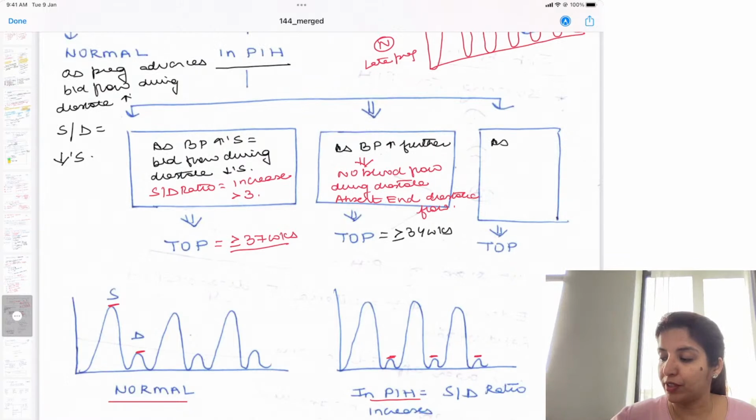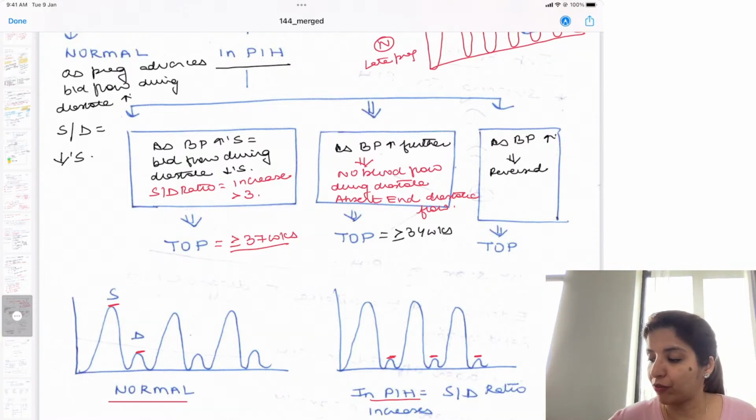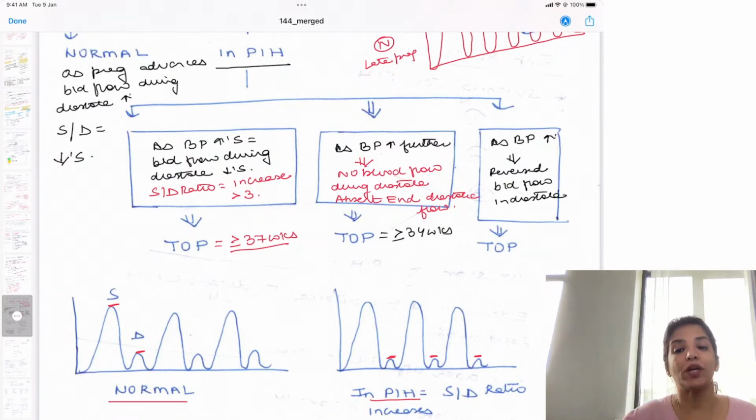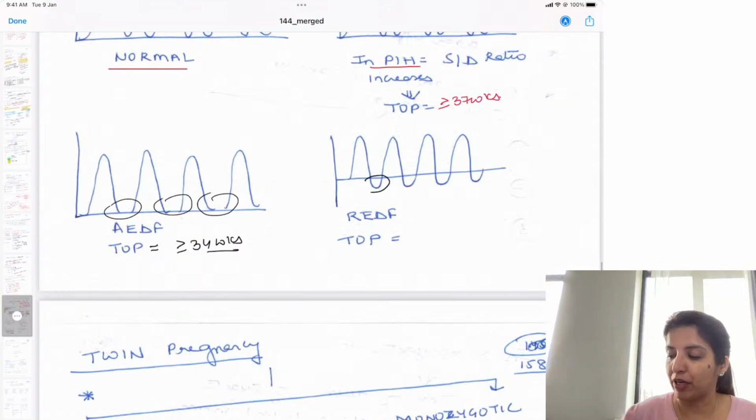As BP further increases, now what is going to happen? Now there will be reversed blood flow in diastole. So instead of blood coming from the placenta towards the umbilical artery, the vessels, now there is going to be reversed blood flow, right? And this is how reversed blood flow will look.